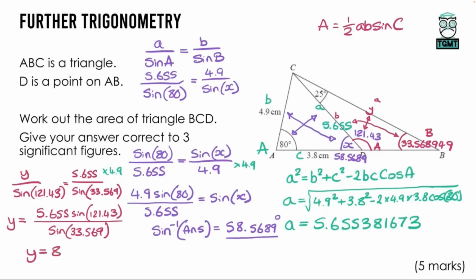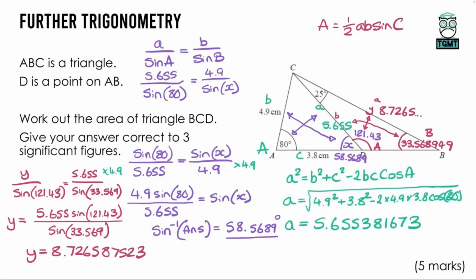Y is equal to 8.7265 and a few more decimals. And again, I have used some rounded figures there, so this might be ever so slightly different if you've been using different rounding to me. Right, so that is the length up here.